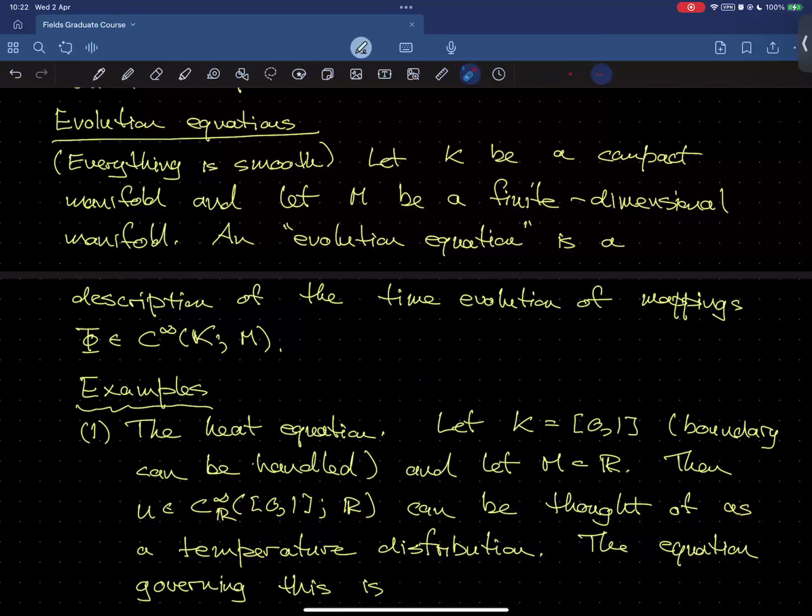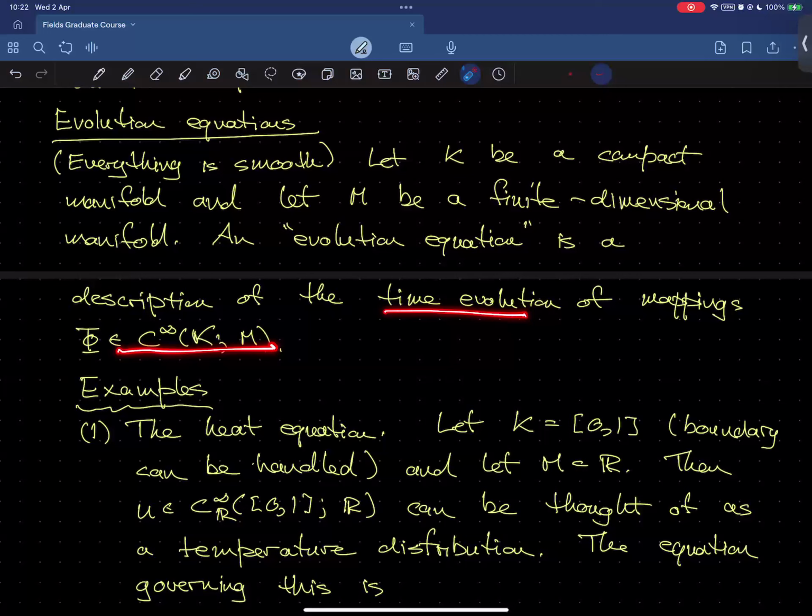Another kind of application is what I'll call evolution equations. Again, let's talk a little bit in general. I have a compact manifold K, a finite dimensional manifold M, and an evolution equation. I'm not going to be super careful about what an evolution equation is; I'll just give a couple of concrete examples. Essentially, an evolution equation gives me a time evolution for mappings in here.